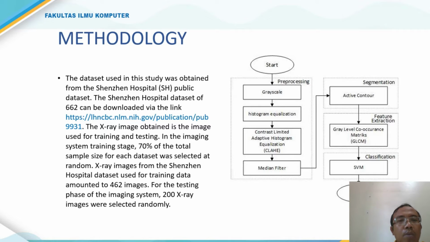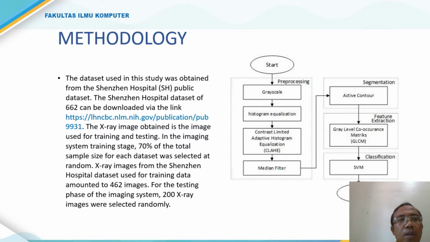The X-ray images from the Sanson Hospital dataset used for training amounted to 462 images. For the testing phase, 200 X-ray images were selected randomly.